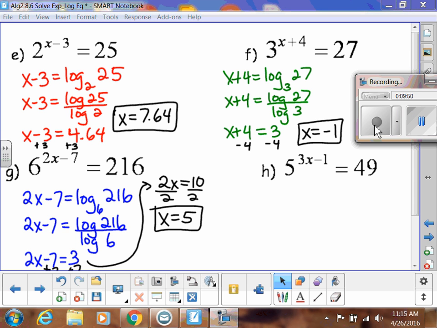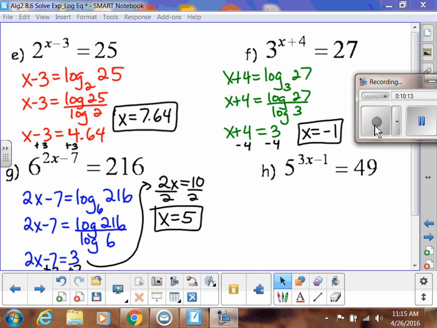Okay, so I just did the next 3. We'll save the other 2 for class. But on E, notice that all I did was set the exponent equal to the log, type the change of base formula into my calculator, and then at the end I added 3. So you should be getting 7.64. Same process on F, and you should get x equals -1.